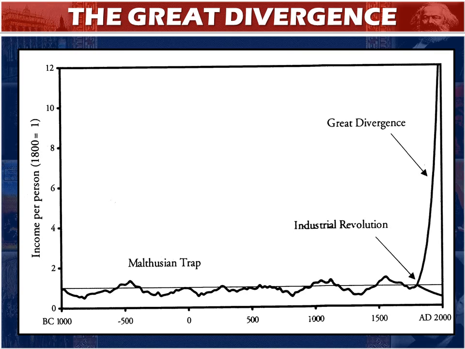This graph has two parts. There's a relatively flat, slightly undulating line that goes from 1000 BC to roughly 1800 AD.